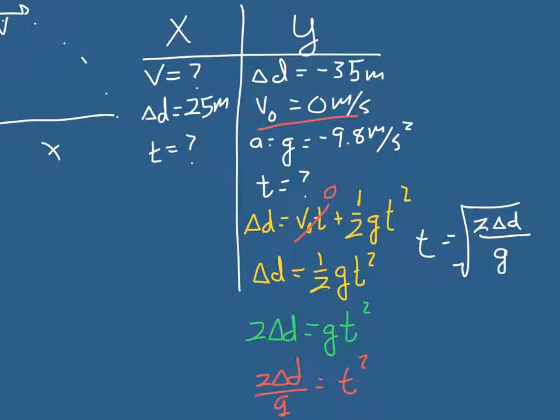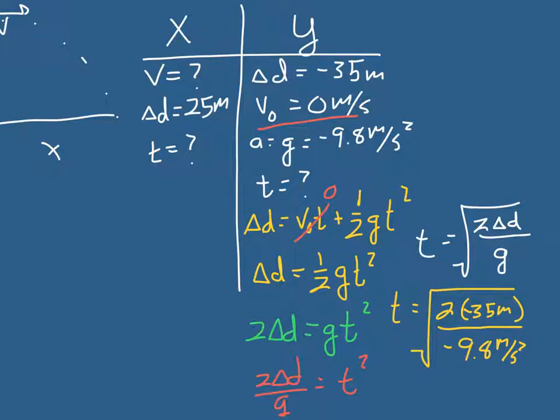Now if I plug in the numbers from my problem, my time is 2 times 35 meters divided by 9.8 meters per second squared. Technically that's negative and this is negative, but since the negatives cancel out, you can ignore that.